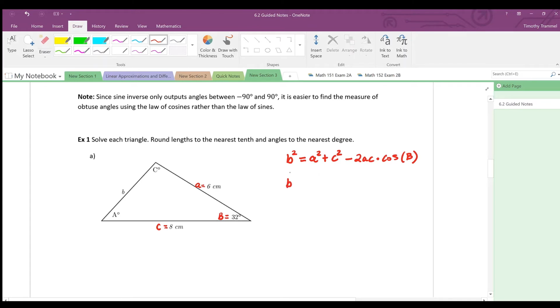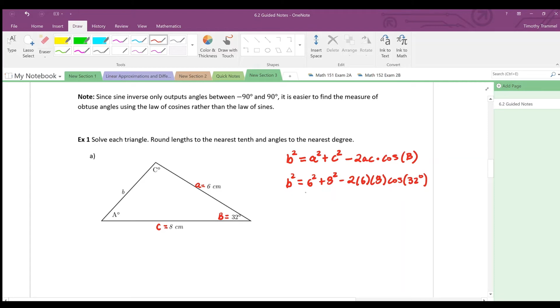So we have b squared is equal to 6 squared plus 8 squared minus 2 times 6 times 8 cosine, and angle B was 32 degrees.